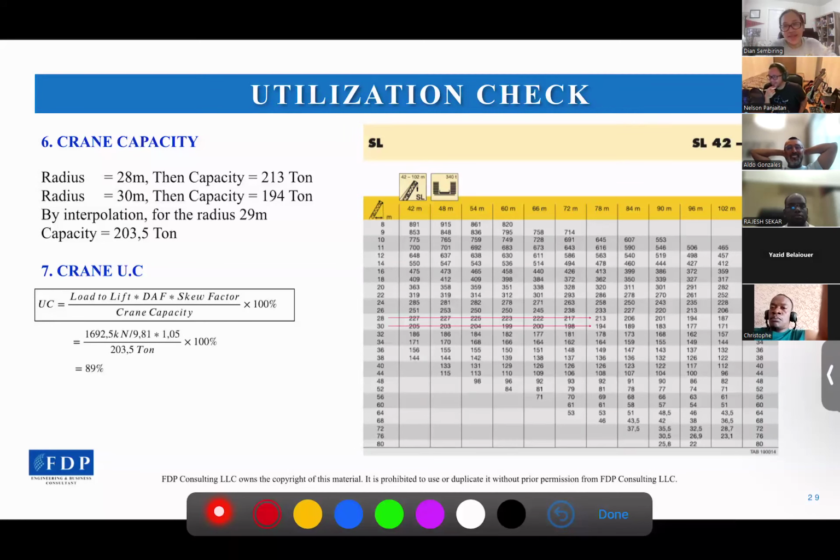Well spotted, Aldo. Thank you, Aldo. Good. Yeah, we have to be careful, because sometimes I just drag the table to make it bigger so it's easier to see, and I didn't notice that the marking was moving also.